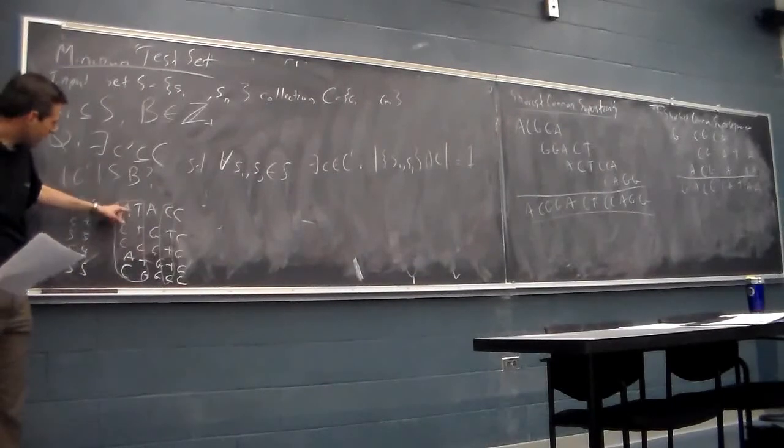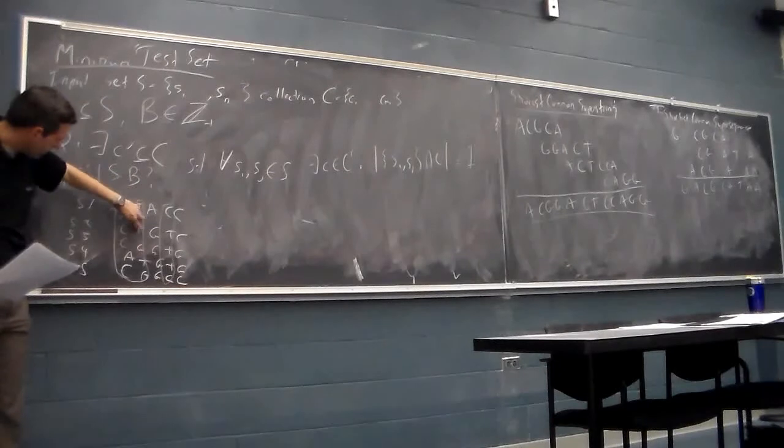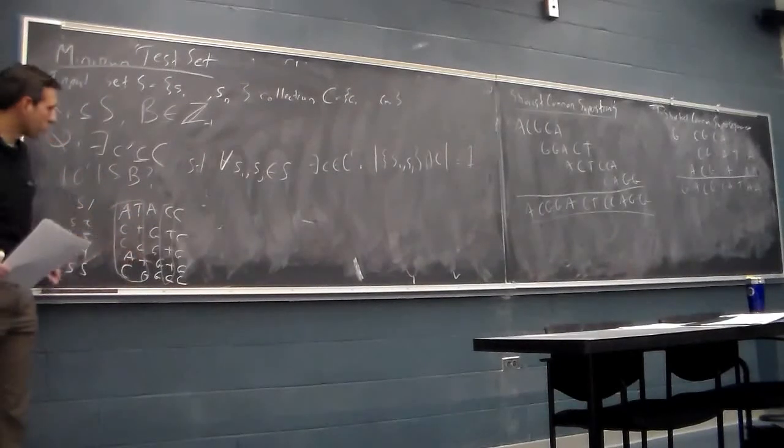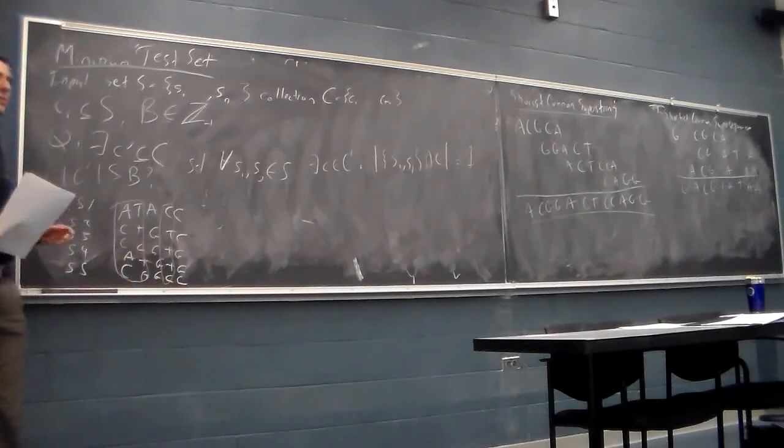This site, we can say, defines the subset 1, 2, 4, because if you see a T there, you know it's 1, 2, or 4. If you see a G, you know it's 3 or 5, and so forth. So does that make sense to everyone?